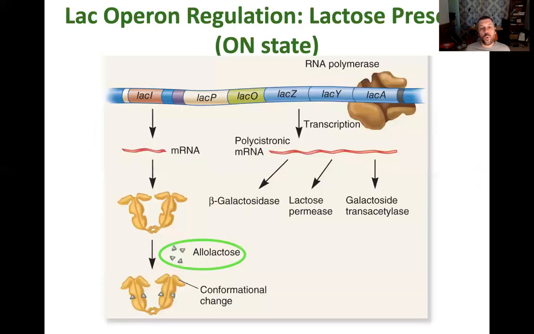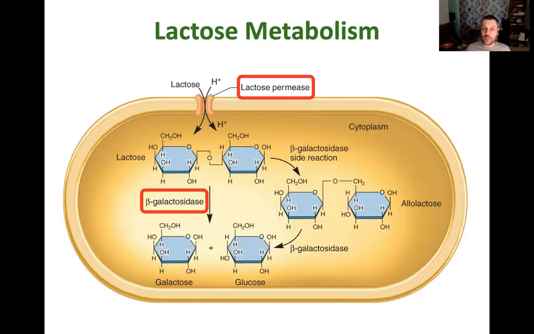Now, one thing that might be confusing is that I said in the absence of lactose, you get a repressor bound to the operon and you don't make the proteins.